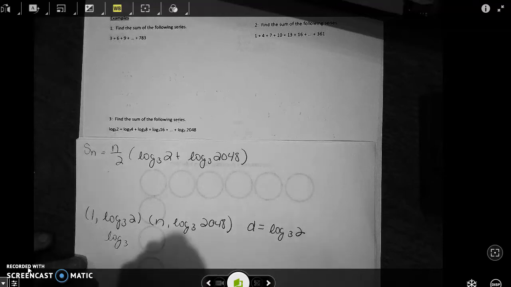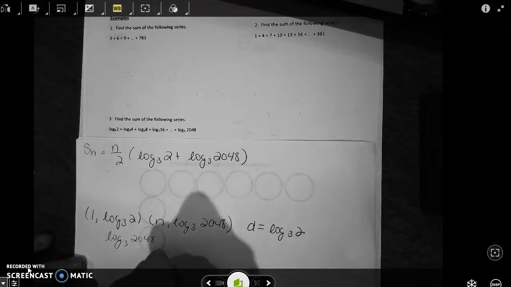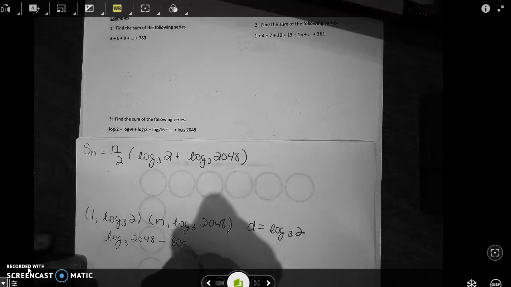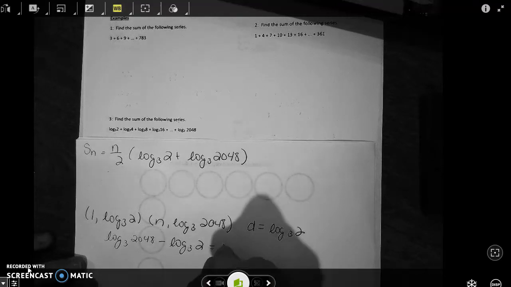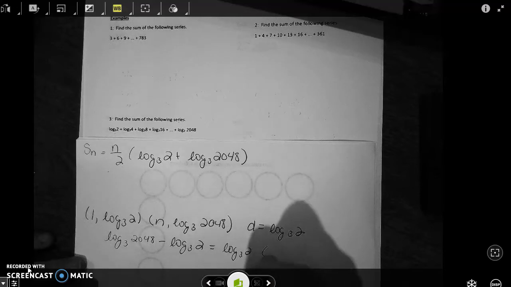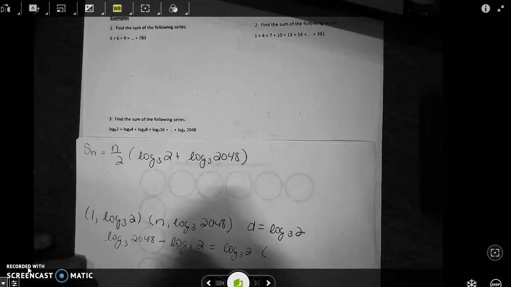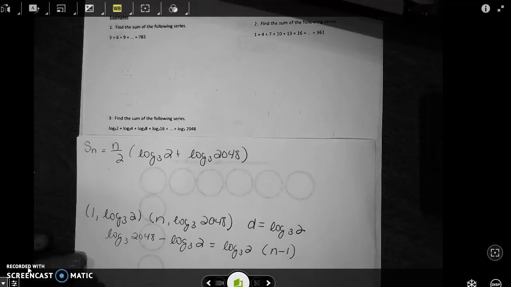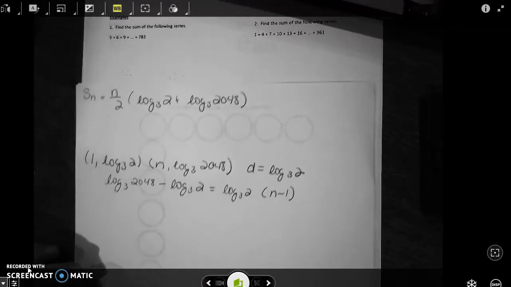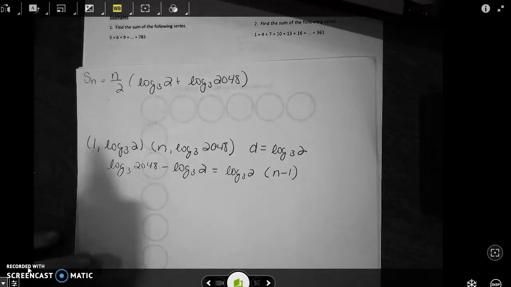So log base 3 of 2048 minus log base 3 of 2 will equal the common difference, or our slope, log base 3 of 2, times n minus 1. Now, as a reminder, we do have a property for subtraction of two logs.